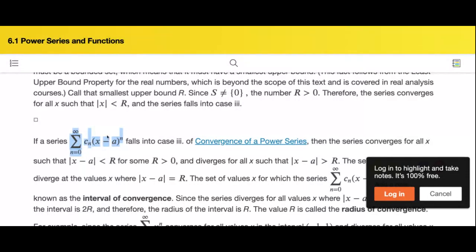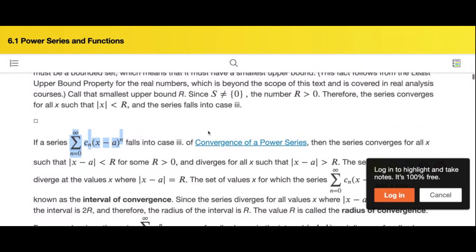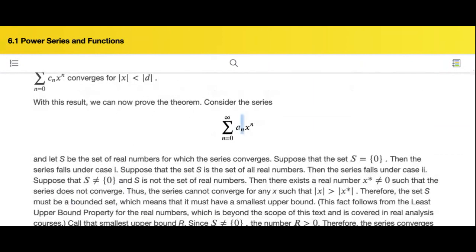This one always converges at its center, so a is its center. We call a the center of convergence. For this one, this is x raised to n, so we can think of it as x minus 0 raised to n. So the center of convergence is 0.